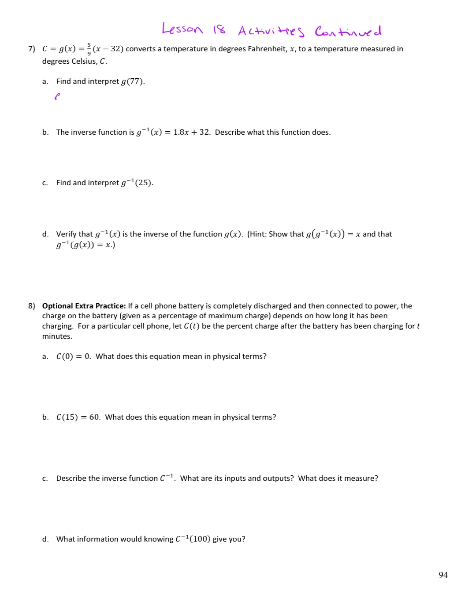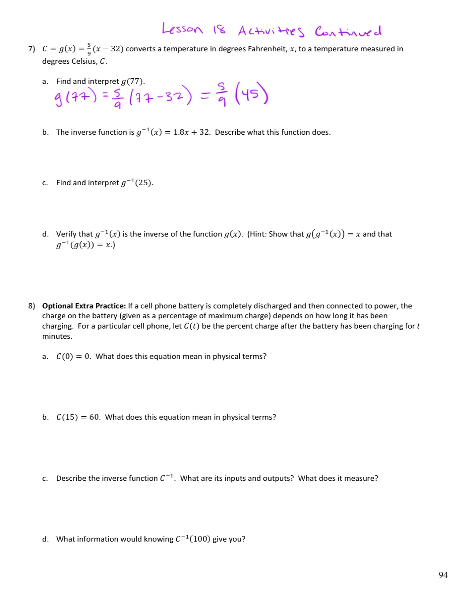So g of 77 means I replace this x with a 77, so I have to replace all the x's in the formula with a 77. So 5/9 times (77 minus 32) equals 25. So let's see, we get 77 minus 32 is 45.